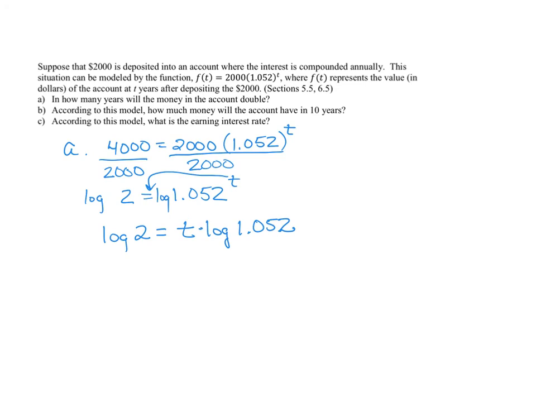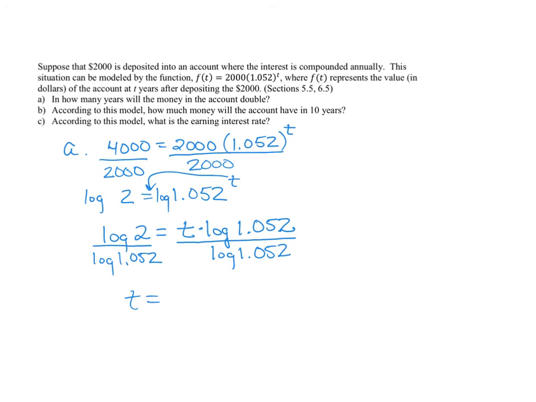This is multiplication, so in order to get t by itself, I want to divide by the logarithm. Now if we go ahead and solve this, we have log of 2 divided by log of 1.052.